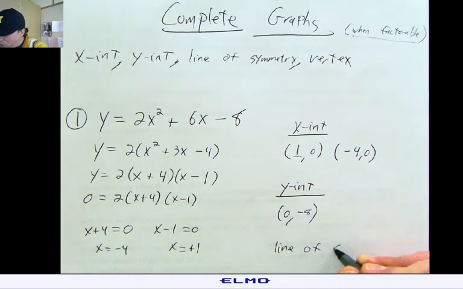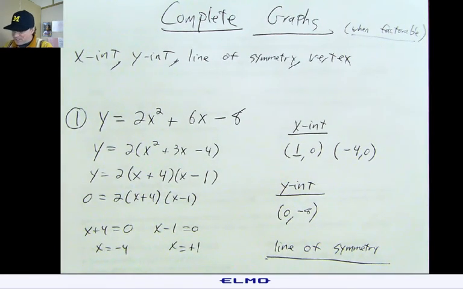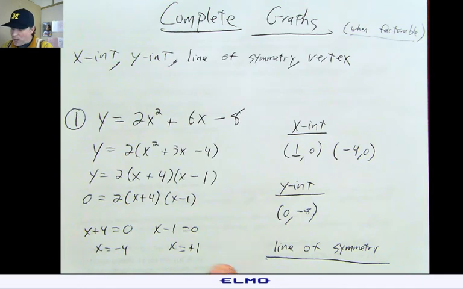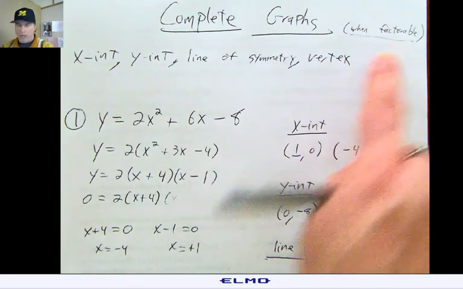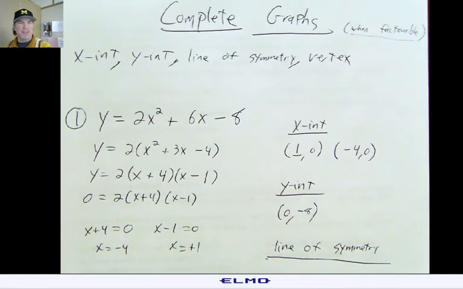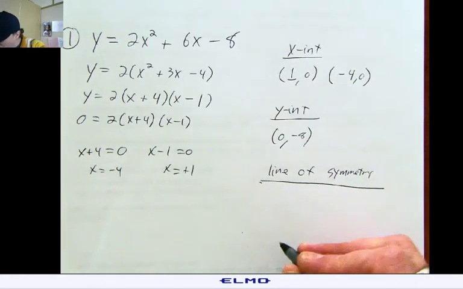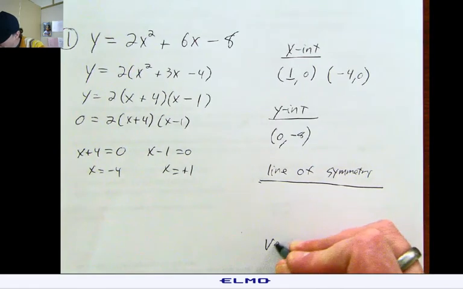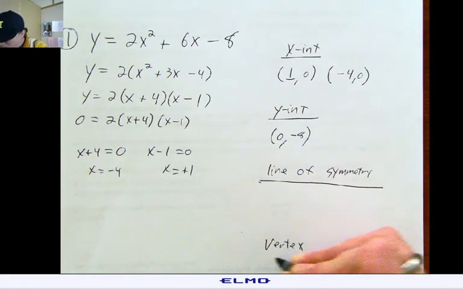Now, line of symmetry. I'm going to teach you two different techniques for line of symmetry. The first technique I use is when it's factorable and I already know what the x-intercepts are. You know what, we haven't even talked about line of symmetry. I shouldn't talk about line of symmetry unless I've talked about the vertex.